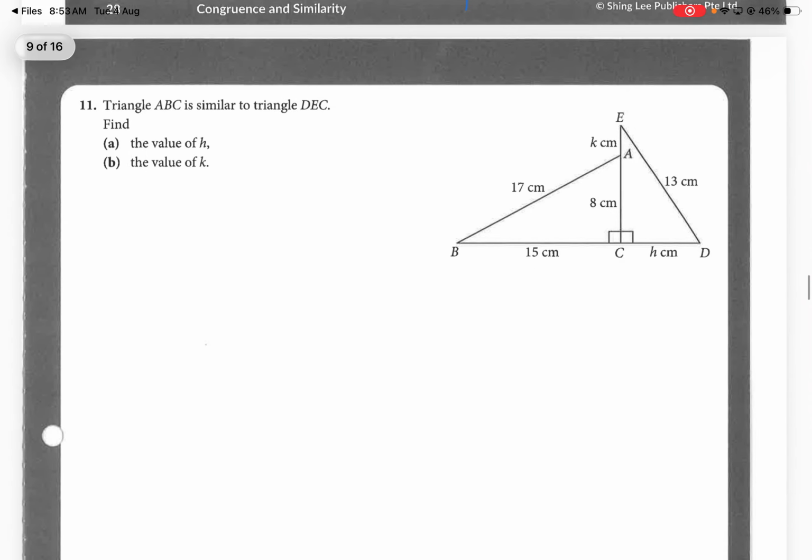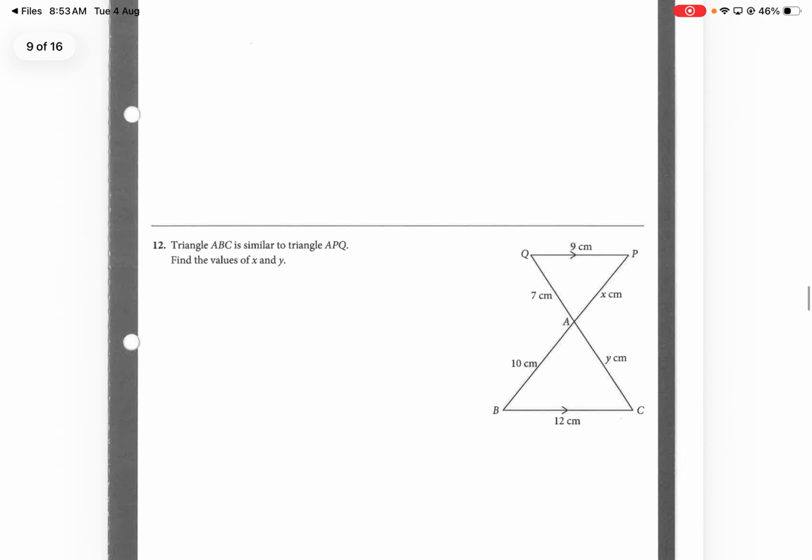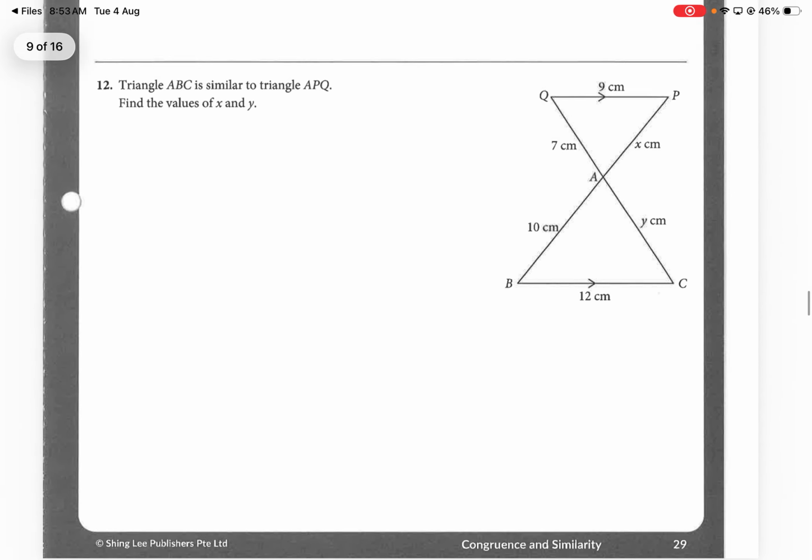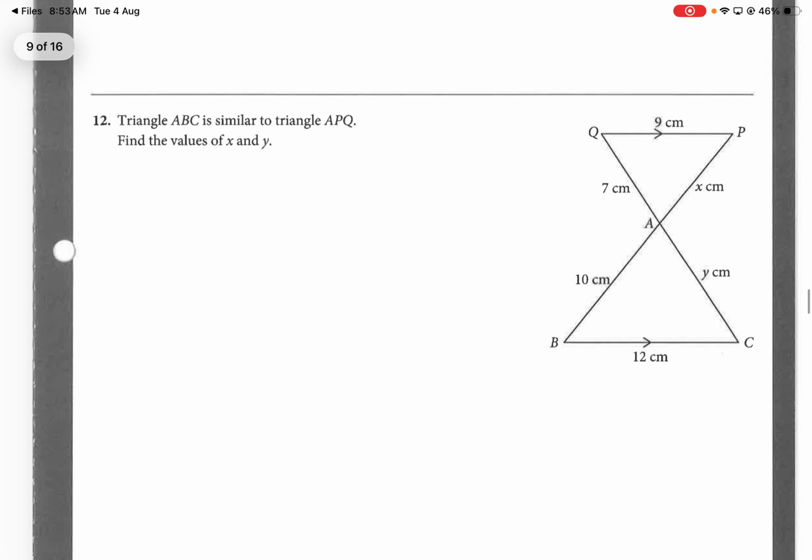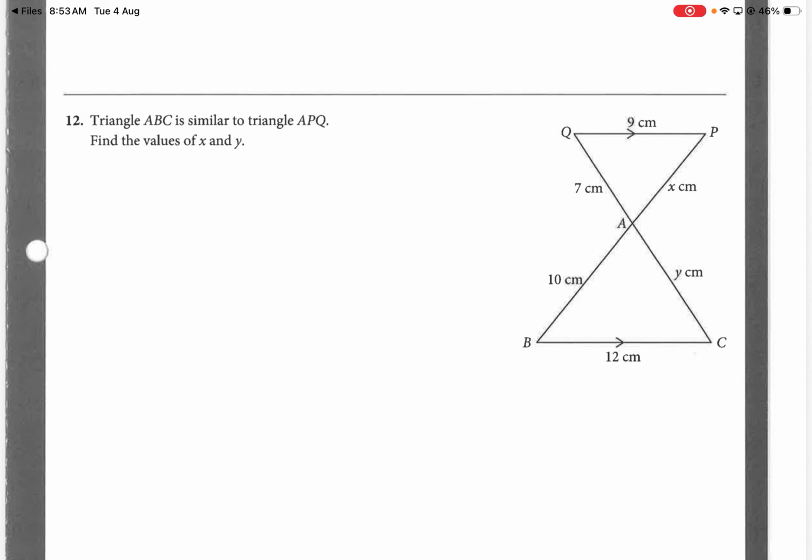Okay, we do 12. This one, the question is very good. They tell you triangle ABC is similar to APQ.